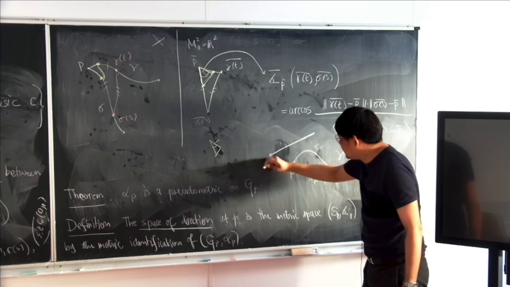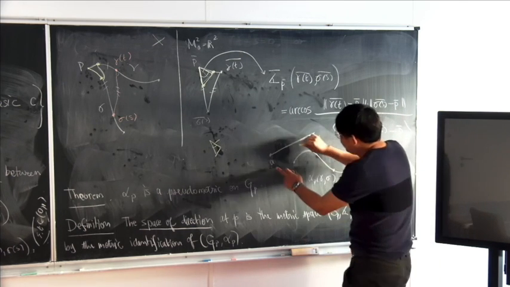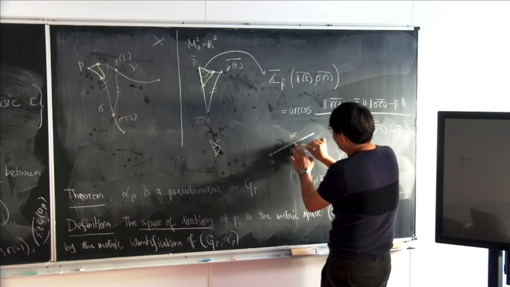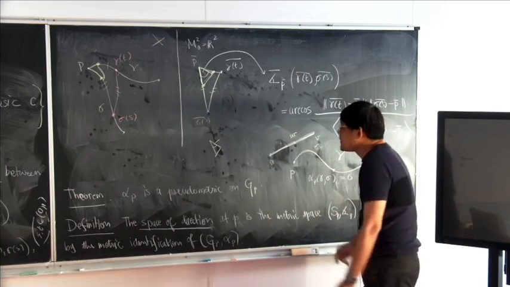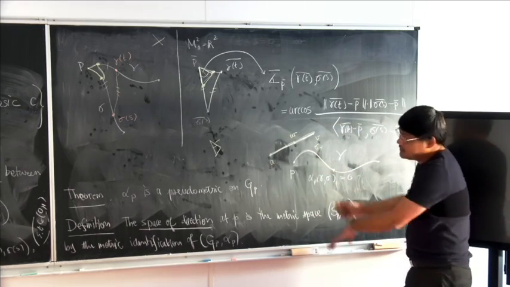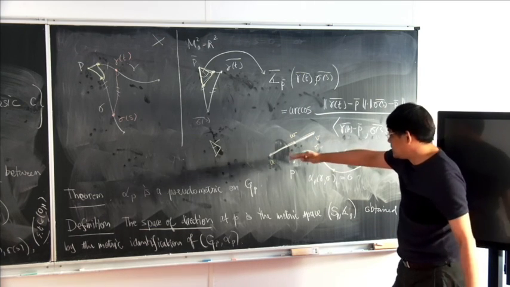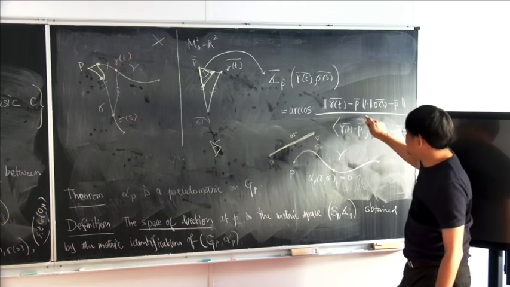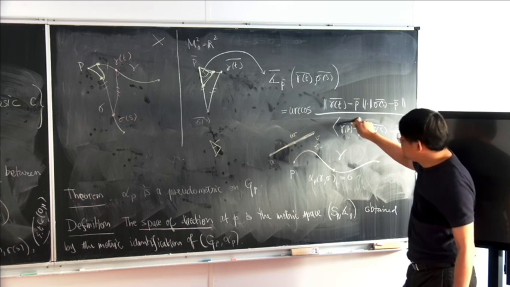Suppose this is U and V. So U and V is one side, and if you have W here, another side is UW, and another side is WV. So we have kind of three sides, but it degenerates into a line segment. And if you measure the angle UW and UV, of course, through this formula, you have 0.